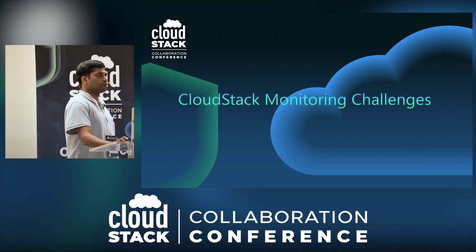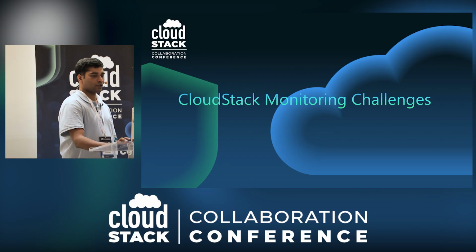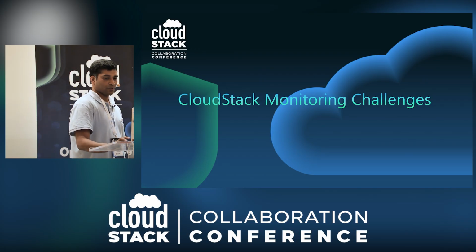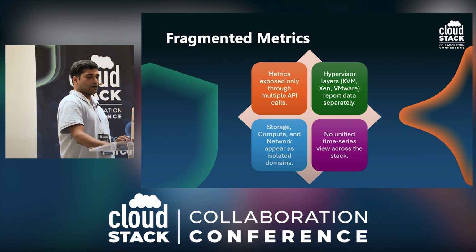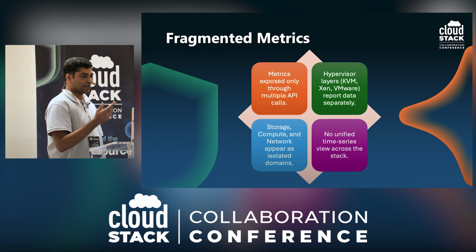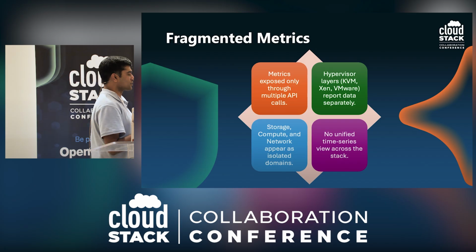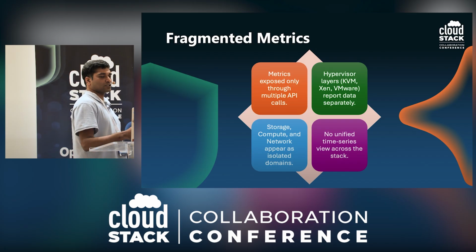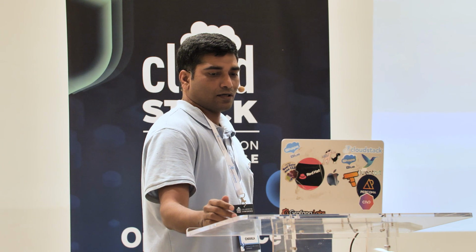So currently, if you take a look at CloudStack, the monitoring challenges are huge. If you take a look at the different API calls, you've got host and hypervisor metrics called separately. There are usage metrics called separately. There are DB metrics, VM metrics, and storage metrics, all separate API calls.